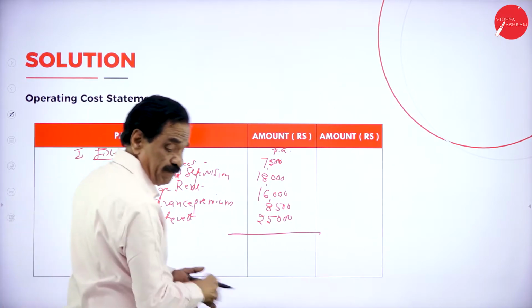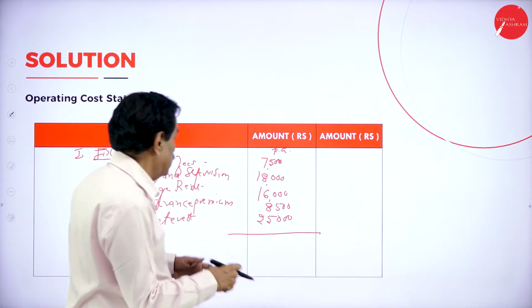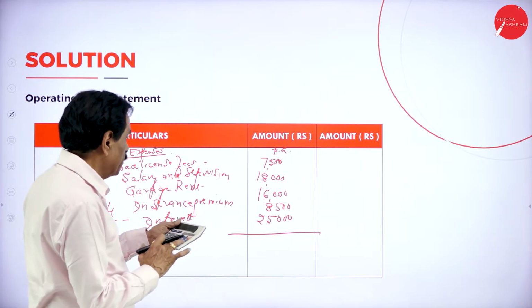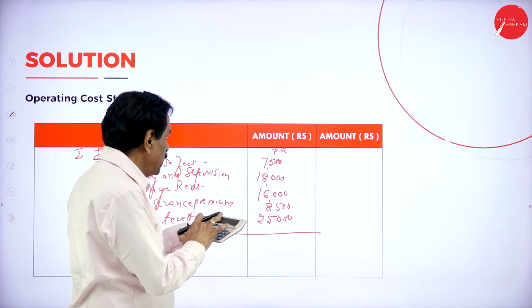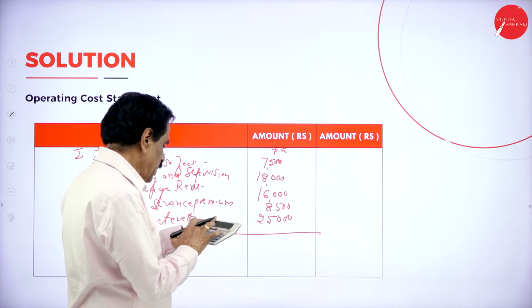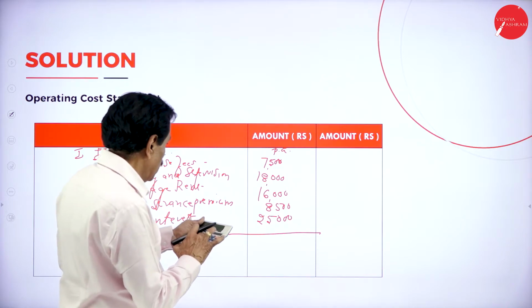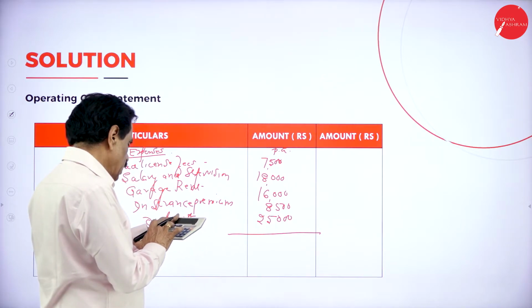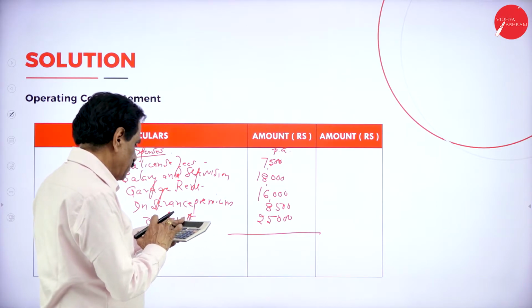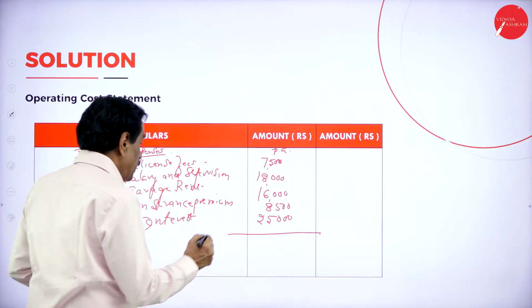Add the figures. This is 7,500 plus 18,000 plus 16,000 plus 8,500 plus 25,000, 75,000.